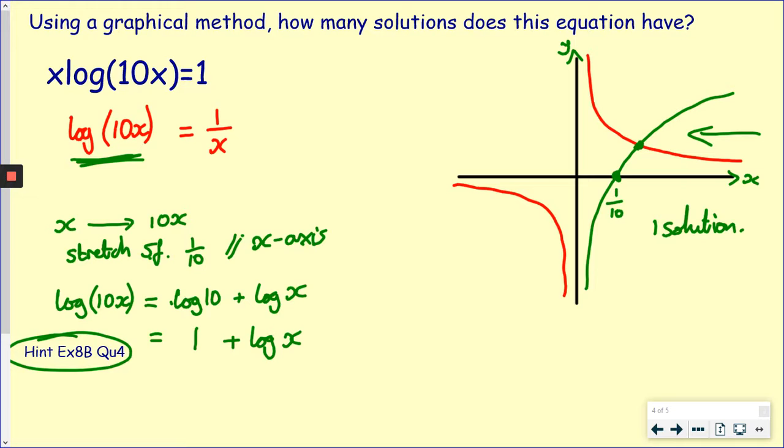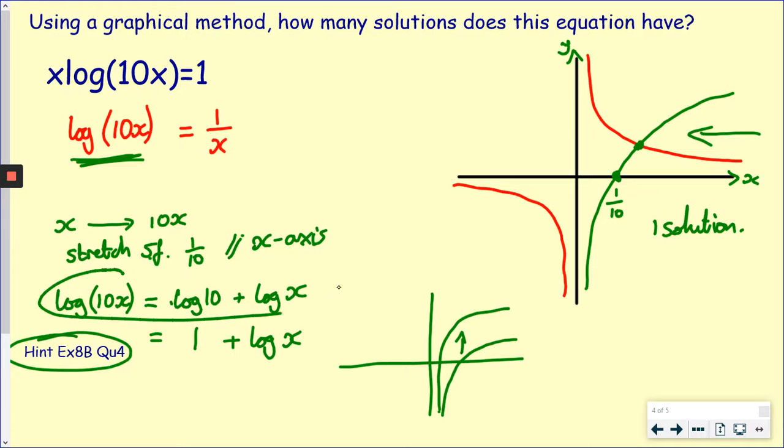Which is the same as taking the log of x and then translating it up 1 to look something like that. So there's two ways of describing the transformation that takes log x to log 10 of x. And the second way comes from using the laws of logarithms.